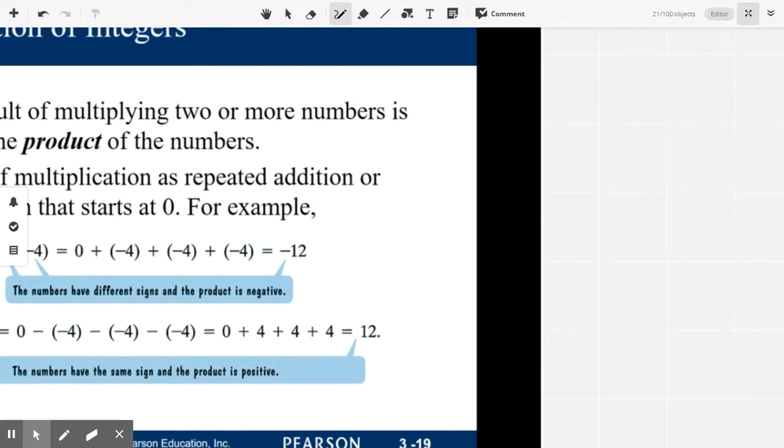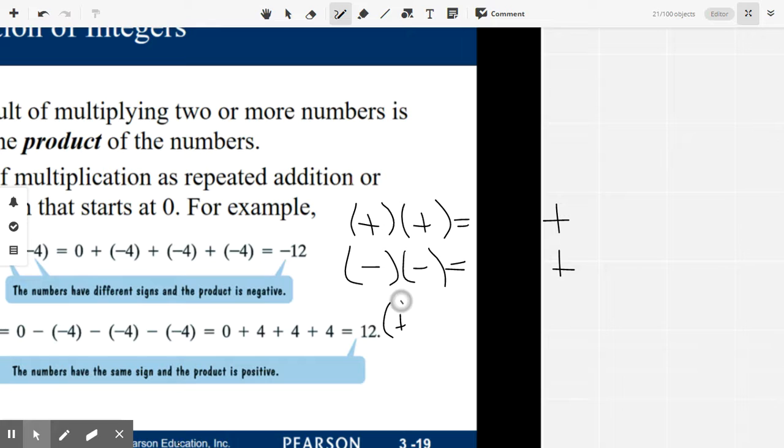It is helpful to remember if you multiply two positive numbers together, you're always going to end up with a positive number. If we multiply two negative numbers together, we're always going to end up with a positive number, right? If we multiply a positive times a negative, that's when we get a negative answer, whether it's the first number negative or the second number negative. So that is helpful to remember.